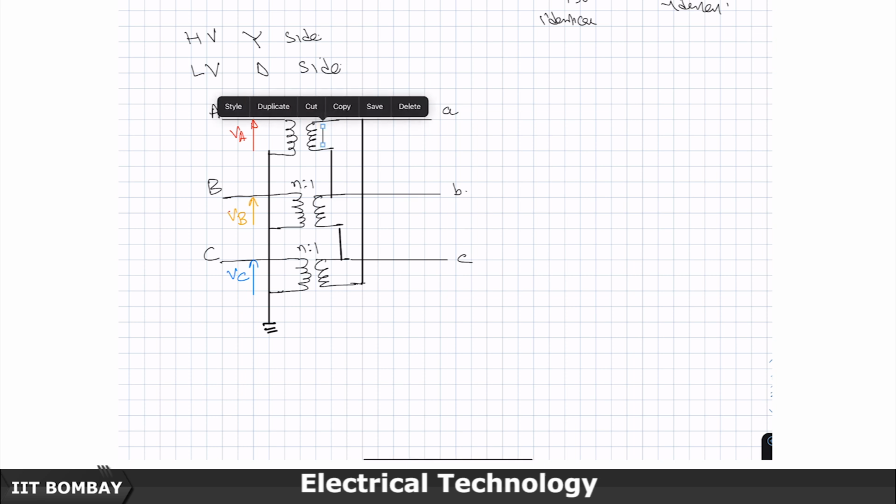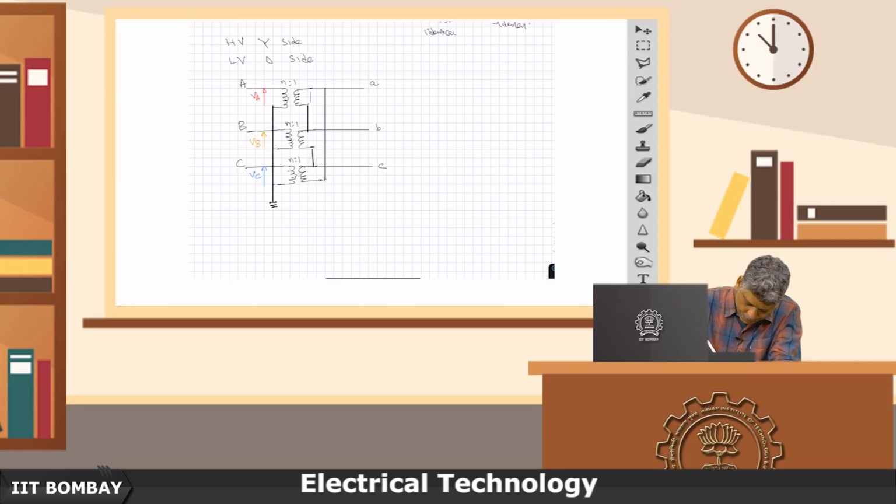This voltage is capital VA by N. This voltage is capital VB by N. This voltage is capital VC by N. And let us put the dots. I have forgotten to put the dots here. The dots are compulsory while marking the transformer.